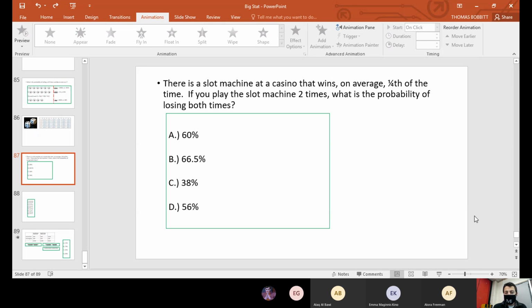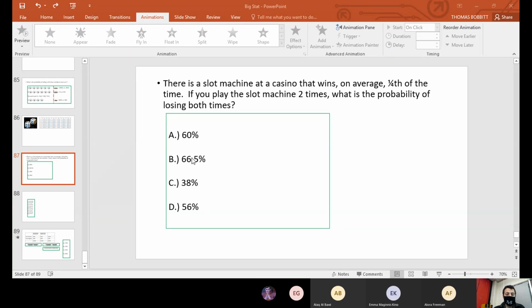Okay. So there's a slot machine at a casino that wins on average 1/4 of the time. All right. So if you play this slot machine, you have a 1 out of 4 or a 25% chance of winning. If you play the slot machine 2 times, what is the probability of losing both times?